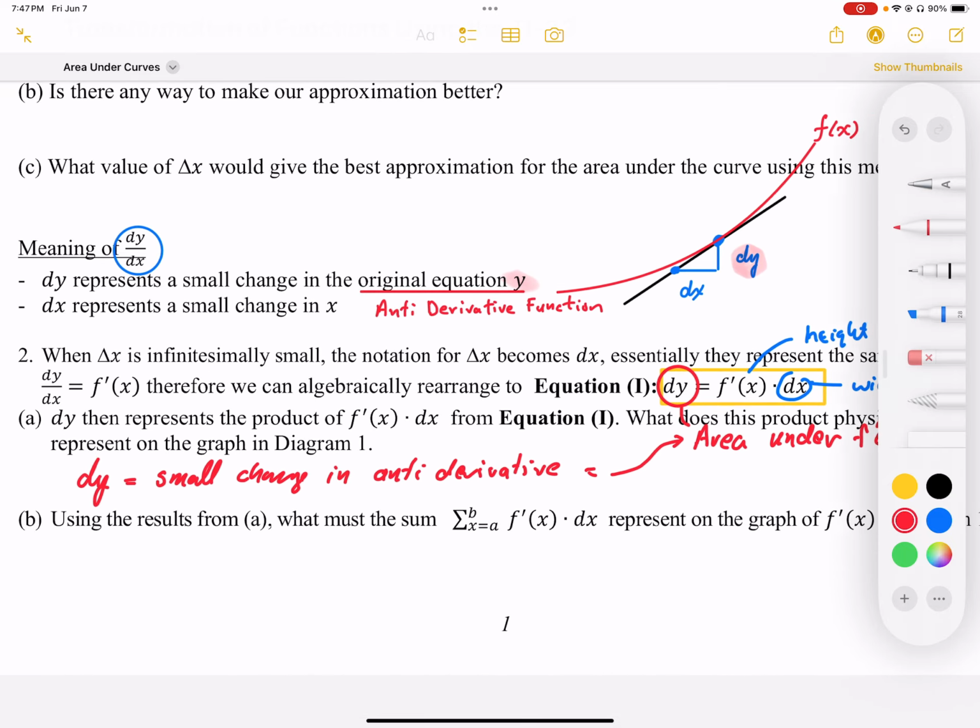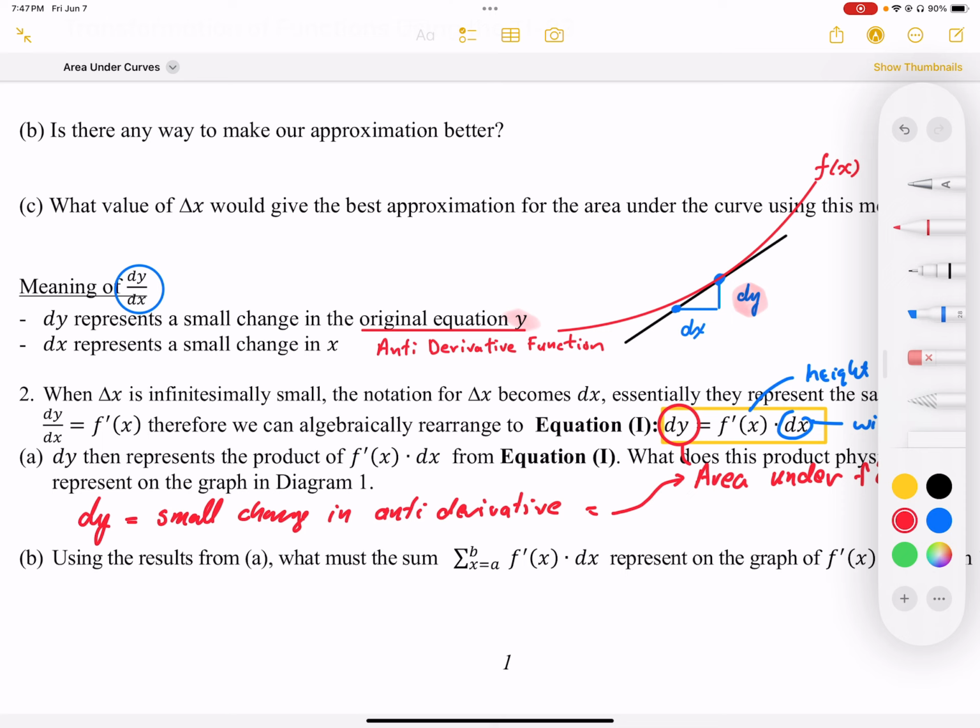So in looking at the summation notation here, the sum of all those f prime times dx's, this is the sum of all the areas. This also must mean that it is the sum of all the changes in the y. So the sum of all the area pieces represents the sum of all the changes in y.